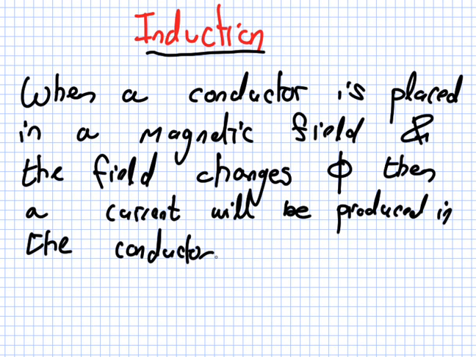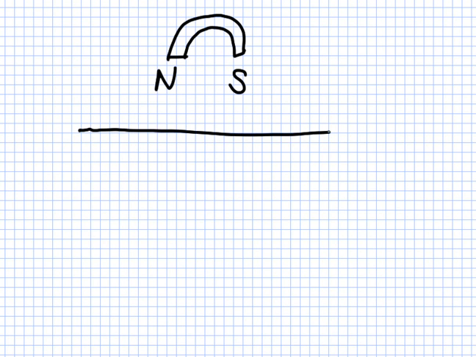So, what happens here? Imagine now we have our magnet. I'll just draw it like this, north-south. And we have our conductor, which could just be copper wire or anything.